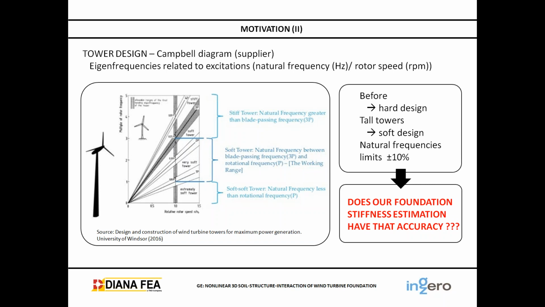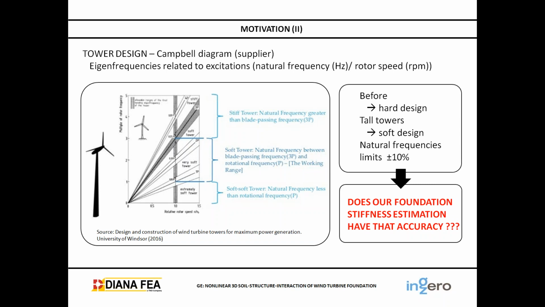start our tower and foundation design, the supplier gives us the Campbell diagram. In the Campbell diagram, we have the frequencies related to the excitations. We normally have the rotor speed, and we compare it with the natural frequency of our tower.